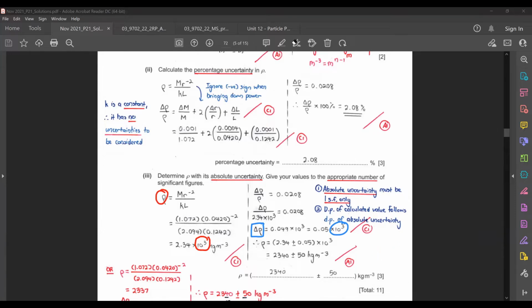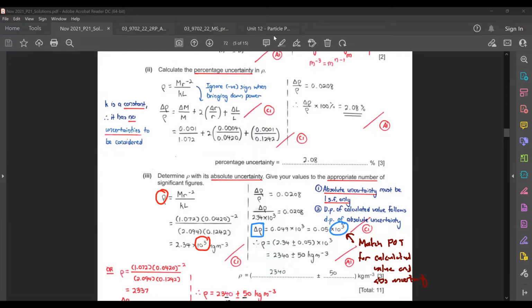Let me just write it properly. What you try to do usually is that you match the power of 10 (POT) for calculated value and absolute uncertainty. Okay, try to match it.